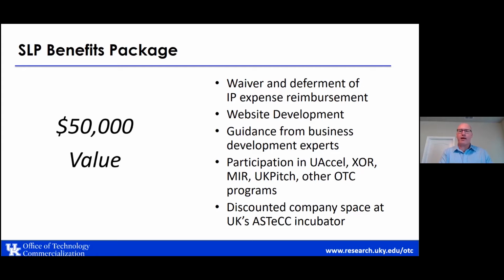We want to help you get to the point where the technology is advanced by investing those funds into advancement of the technology rather than paying for some of these early IP expenses.